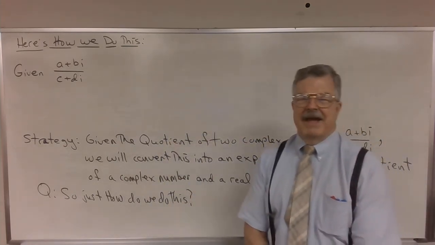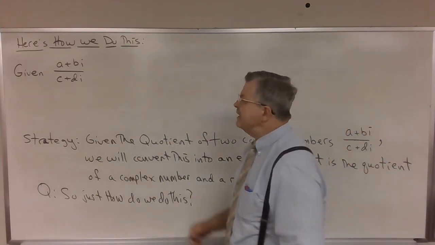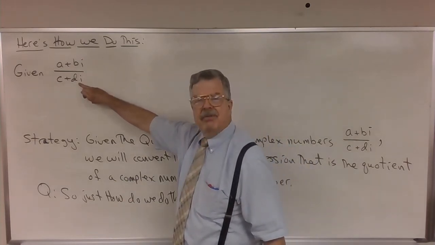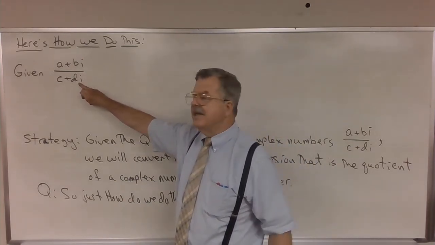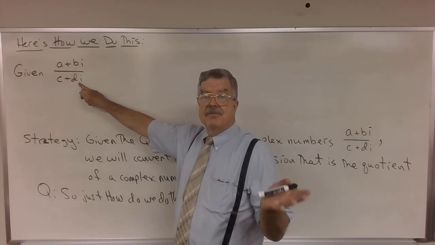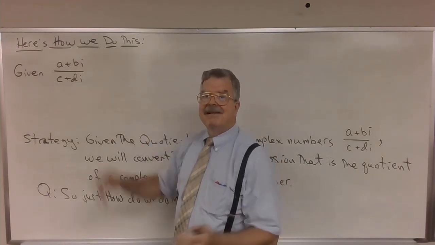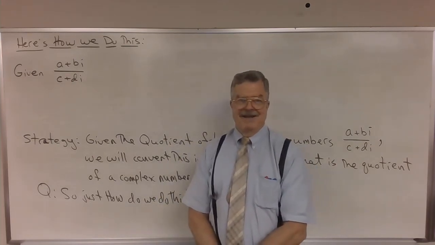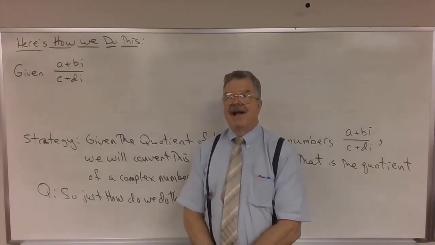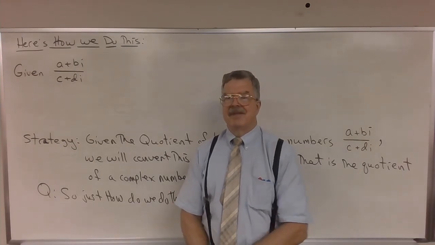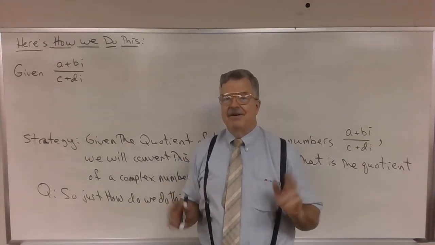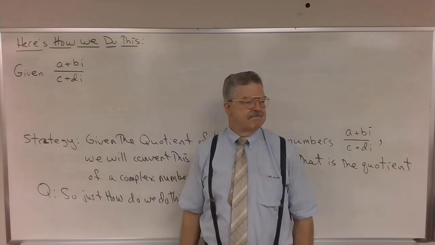How am I going to do that? How am I going to get rid of this complex number on the bottom and replace it with a real number instead? Do you have an idea? How do I take a complex number and somehow operate on it and turn it into a real number?